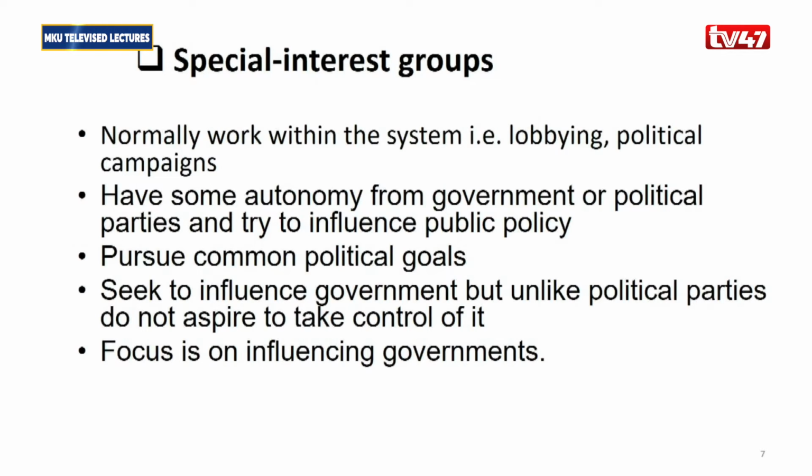Being organized, their approach is to ensure that the policy issues are addressed within the existing political arrangement. If there is an issue they want addressed, they will always call the policymakers, maybe the parliamentarians who are supposed to pass the laws, and engage them in a formal platform.